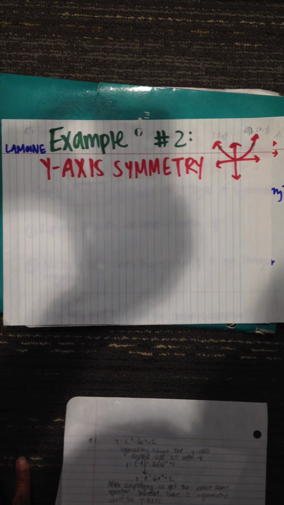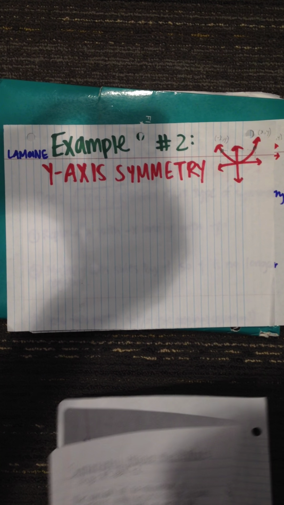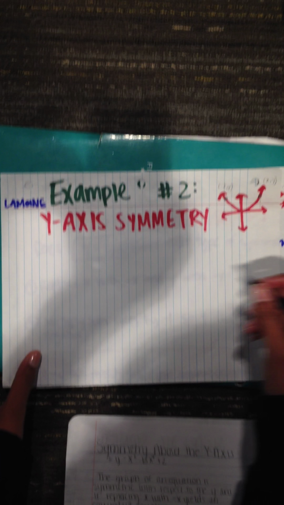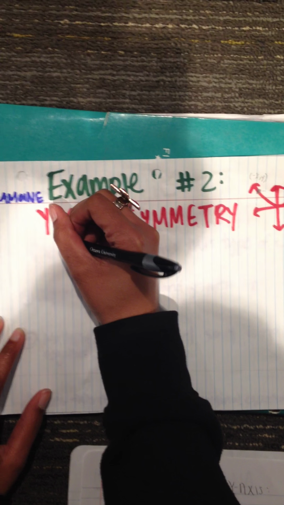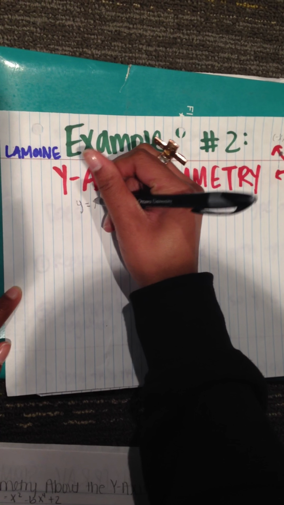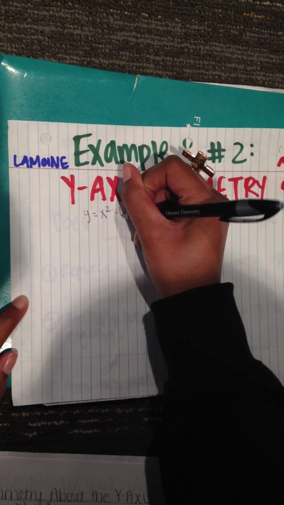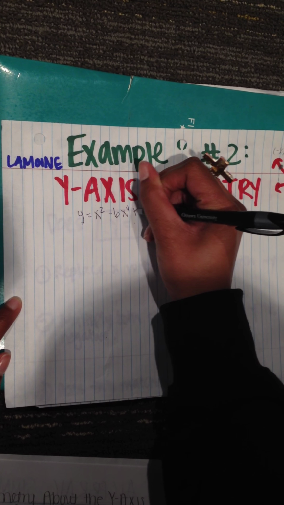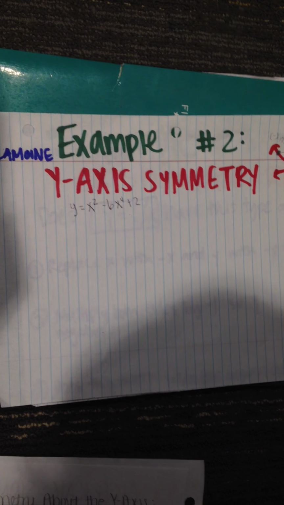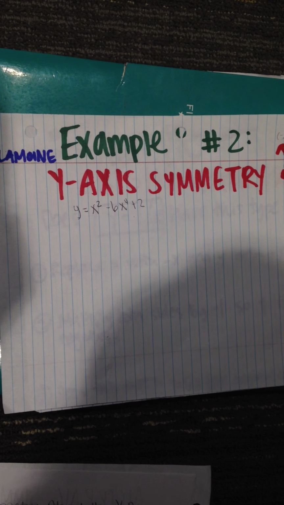Hey guys, this is Lamoine Tatum, and I will be teaching you about the y-axis of symmetry. So our equation is y equals x squared minus 6x to the fourth plus 2. The graph of an equation is symmetric with respect to the y-axis if replacing x with negative x yields an equivalent equation.